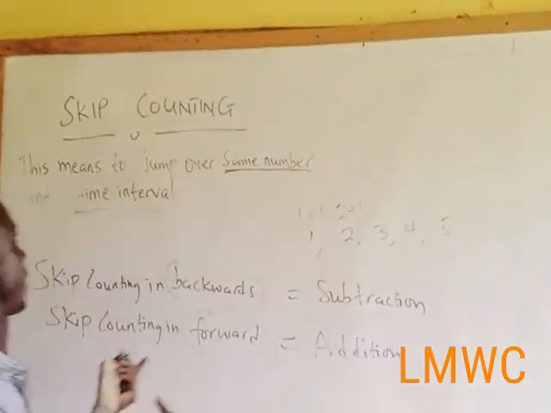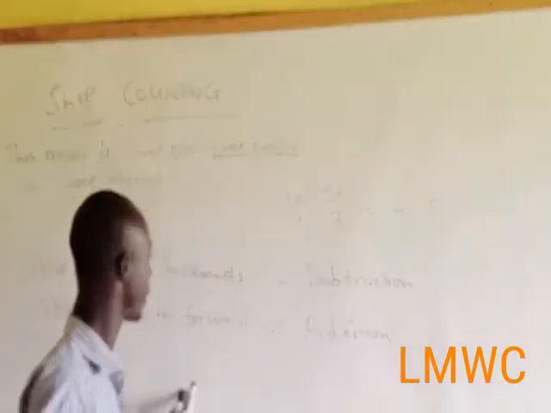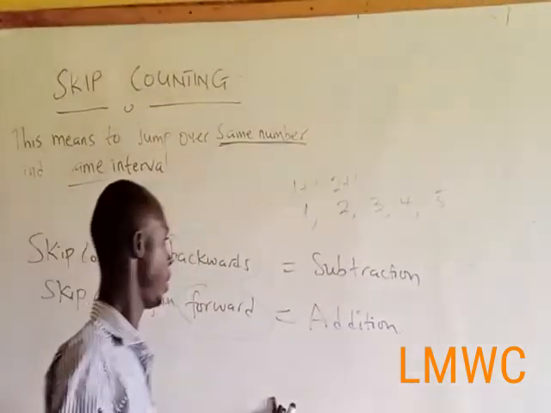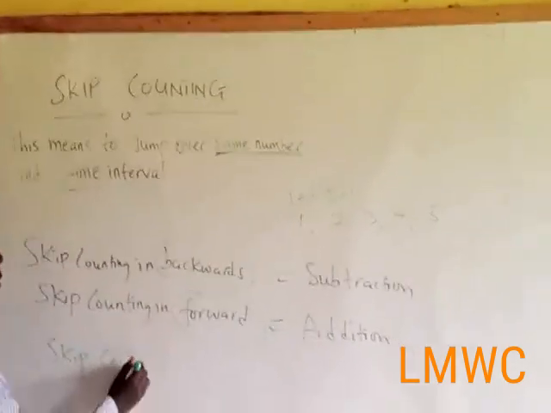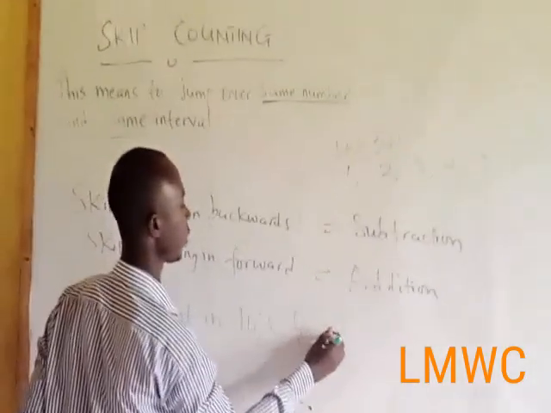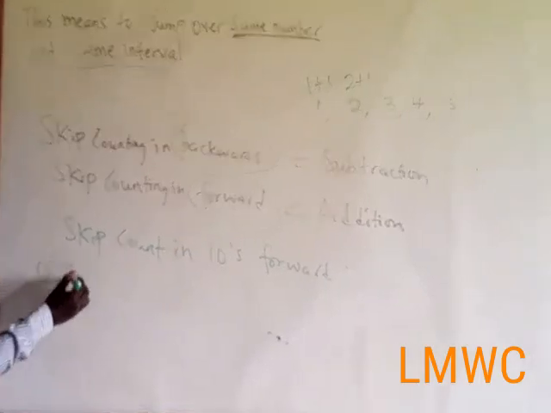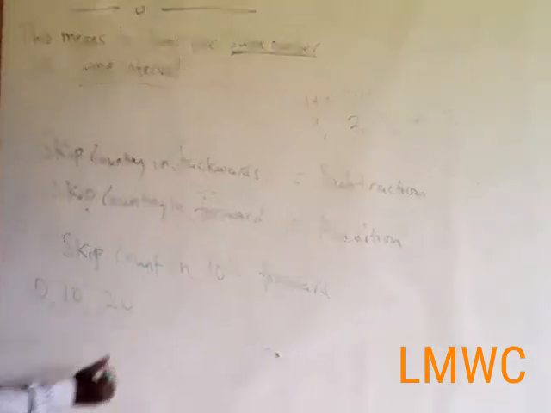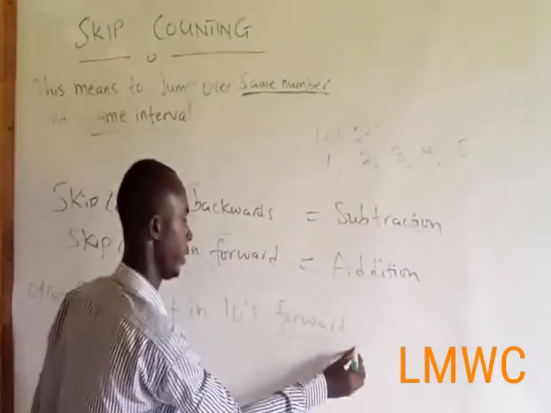So always for skip counting, we jump over the same number and same interval, as I explained here. You can be asked to skip count in tens forward. And I will give you 0, 10, 20. The key word here is forward.